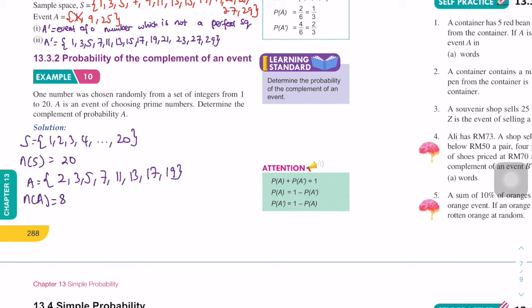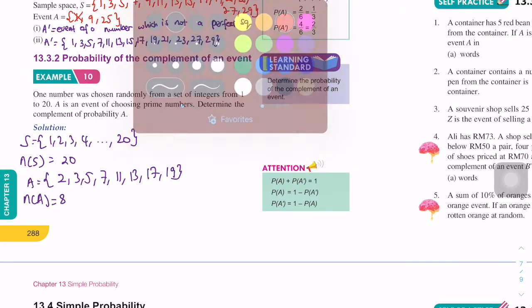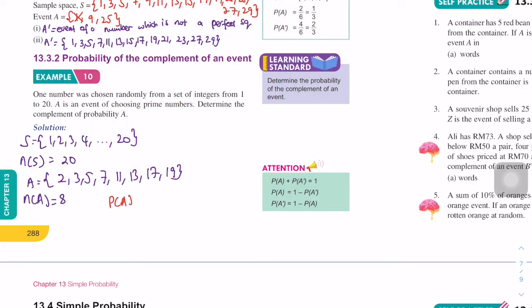So 8. And then the probability of event A, P(A), is equal to n(A) divided by n(S), which is 8 divided by 20. You can leave your answer just like that, 8 over 20, or you can simplify to 2 over 5.